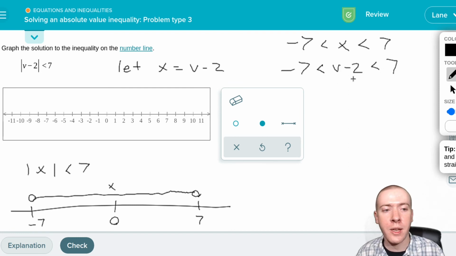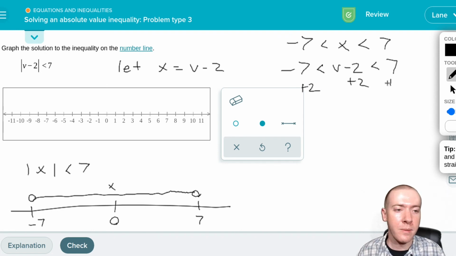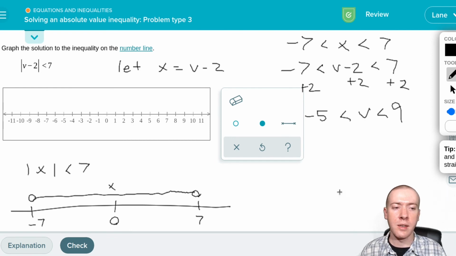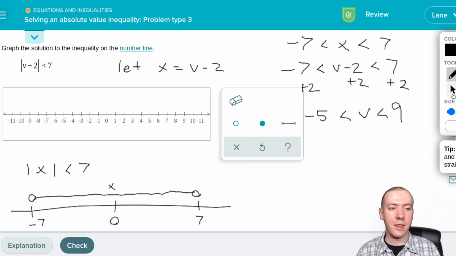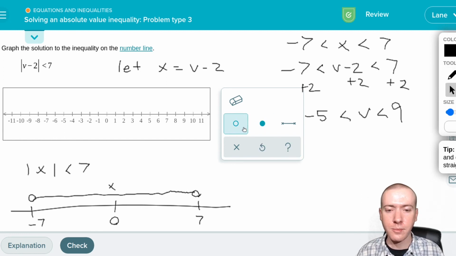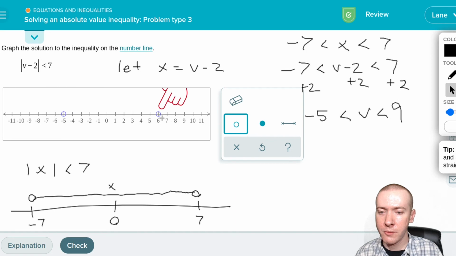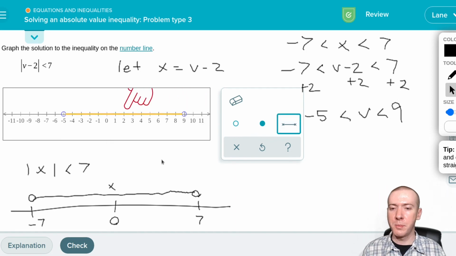And we can solve for v by adding 2 to all 3 sides. So we would have -5 is less than v is less than 9. And that's what we should graph. -5, 9, line between them.